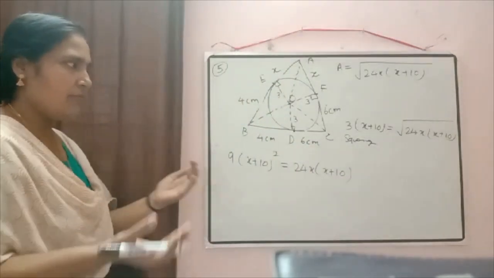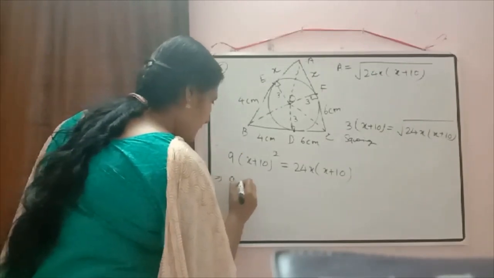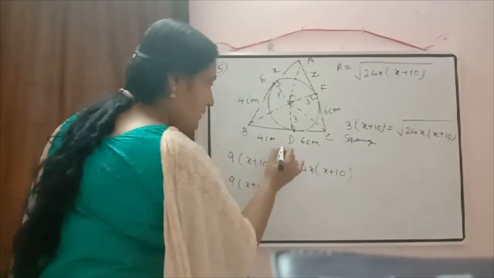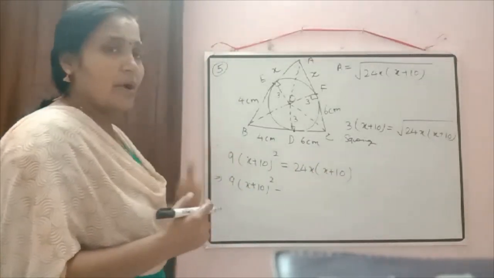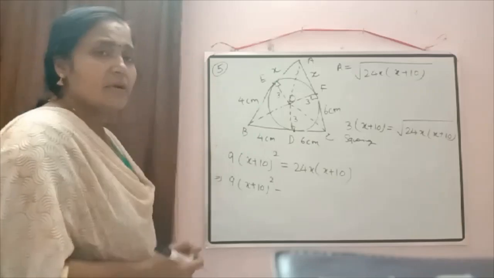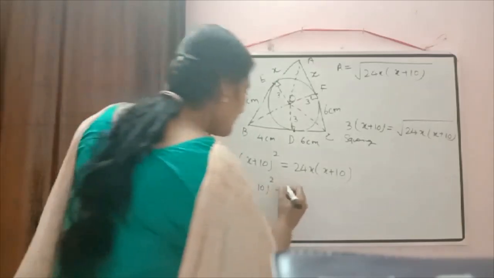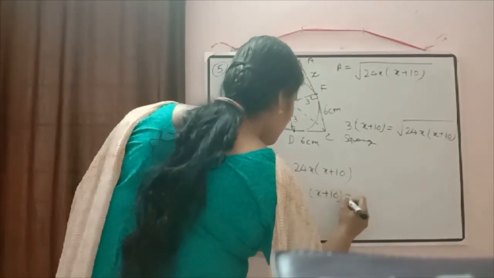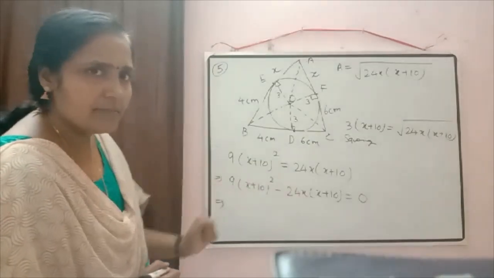Now we can shift all the expression to the left hand side. Then it will be equal to 9 into x plus 10 the whole square minus 24x into x plus 10 is equal to 0. Don't cancel x plus 10 and x plus 10, because it is a quadratic equation, and if it is a quadratic equation, two solutions should be there. Now just check for anything common in these two terms.